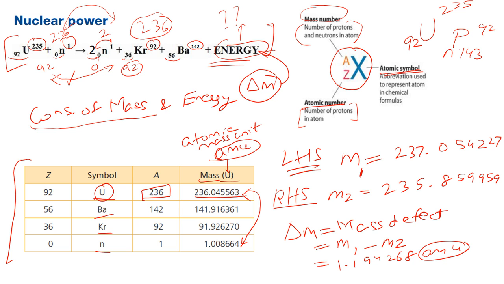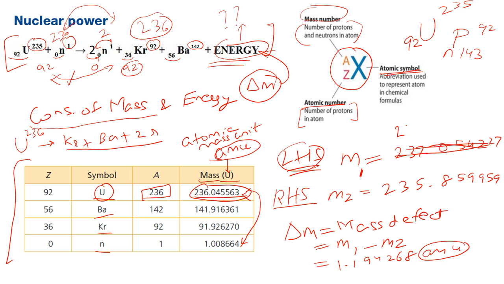Basically what is happening is the uranium 236 is getting converted into krypton, barium and 2 neutrons. So the right hand side will remain the same, but the left hand side will change. So M1 is not this value, it is just this much. The left hand side will be 236.045563 AMU.